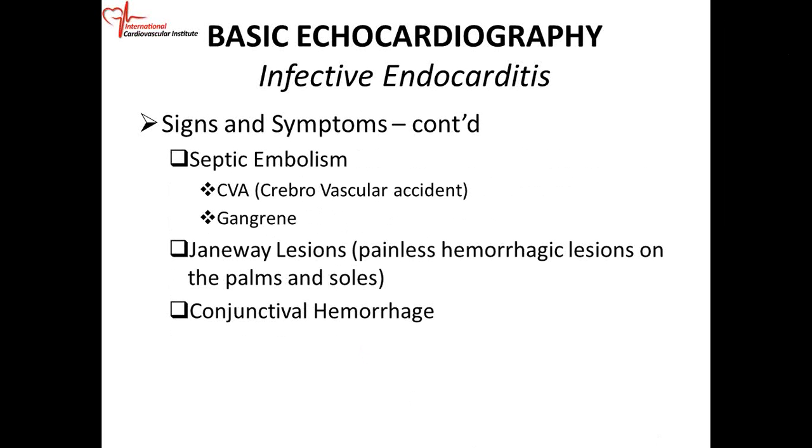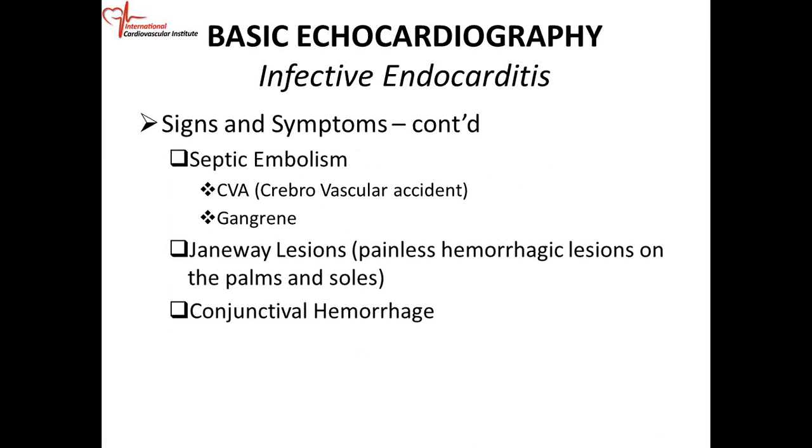So you can get a CVA, a stroke, or if it travels to, say, the bowel or the lower extremity, you can get gangrene. And gangrene is just dead tissue, and in this case, the dead tissue will be because of a blockage. Okay?